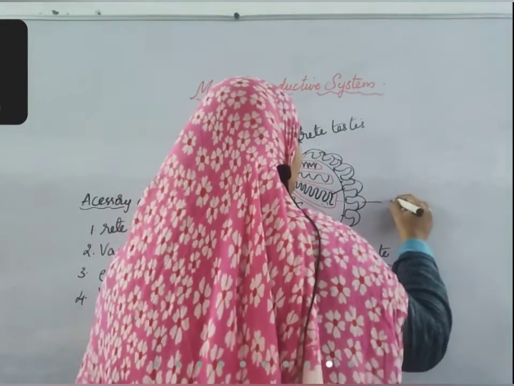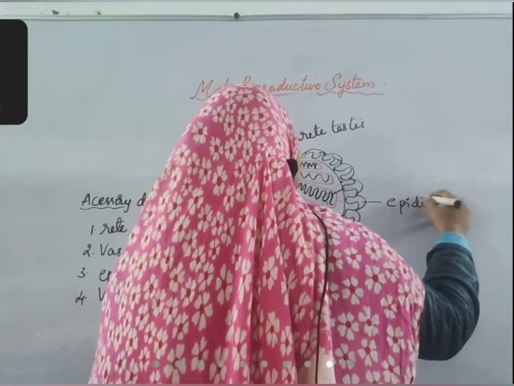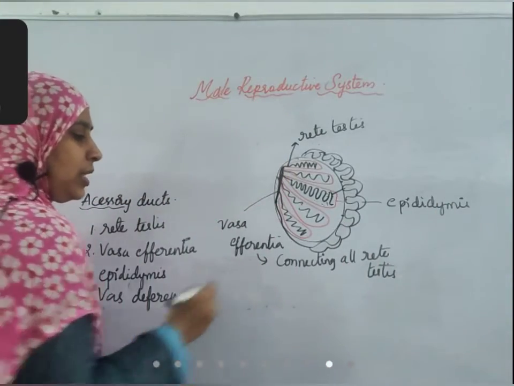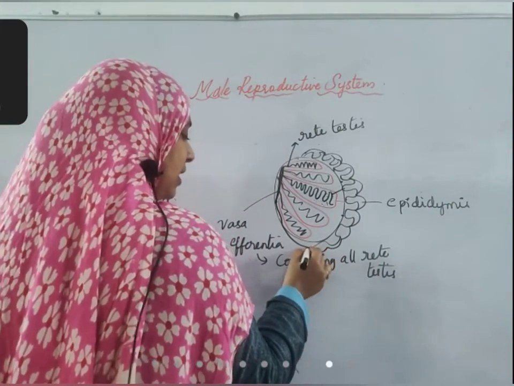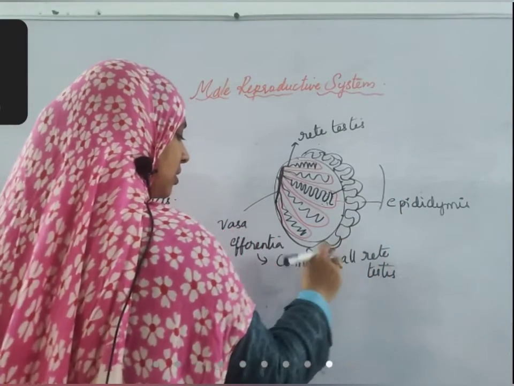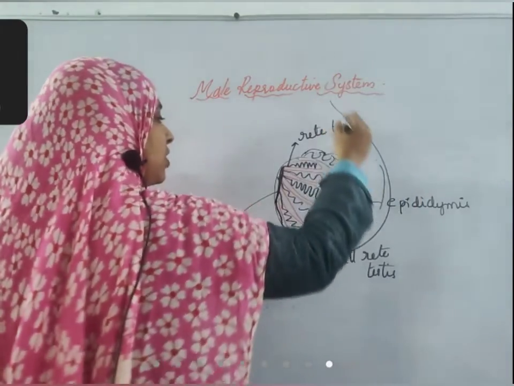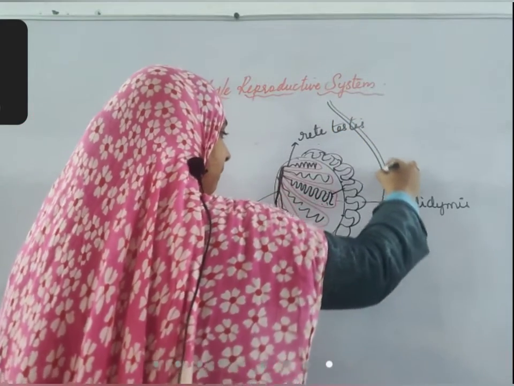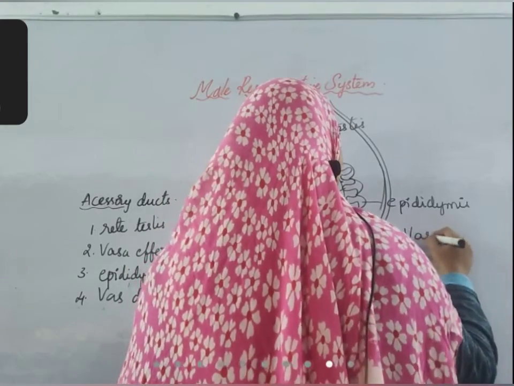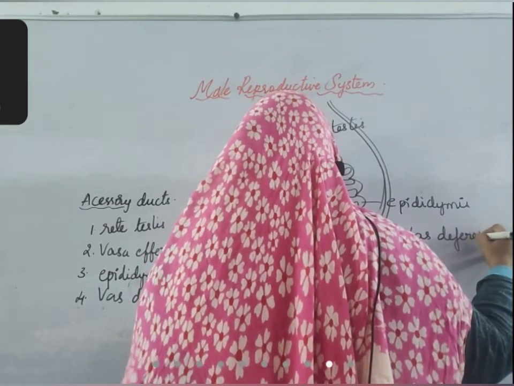This part is called the epididymis. This is the ending of the epididymis. It goes into a structure called the vas deferens.